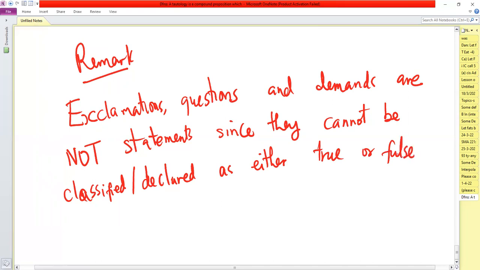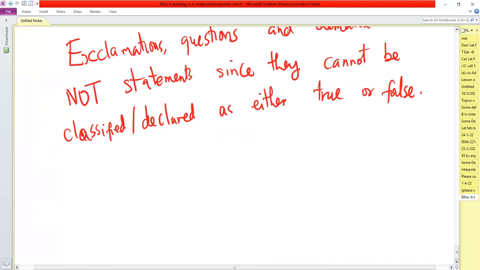This simply means that immediately you see any sentence with an exclamation mark or a question mark, it disqualifies that sentence from being a statement or a proposition. Also, rumors which cannot be justified and opinions which cannot be justified are not classified as propositions.